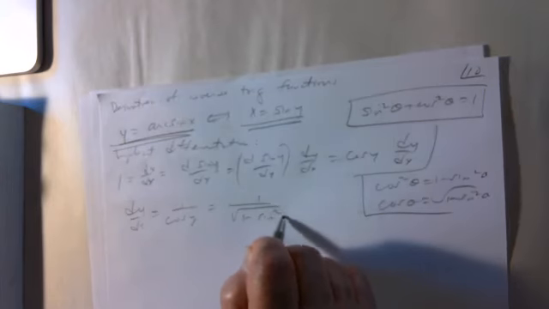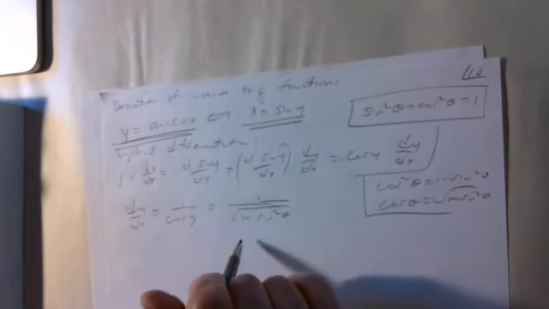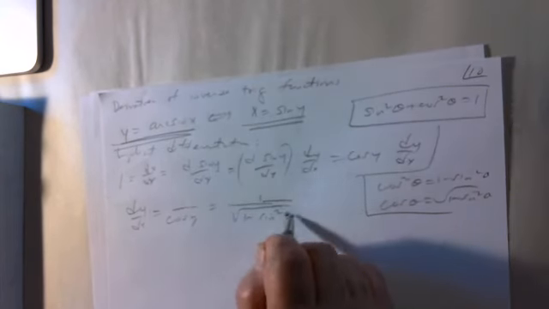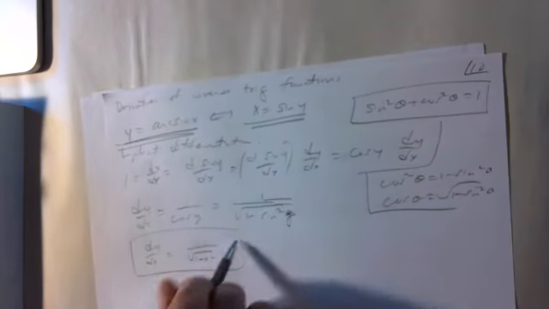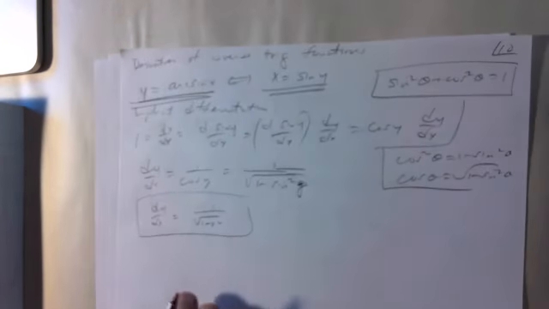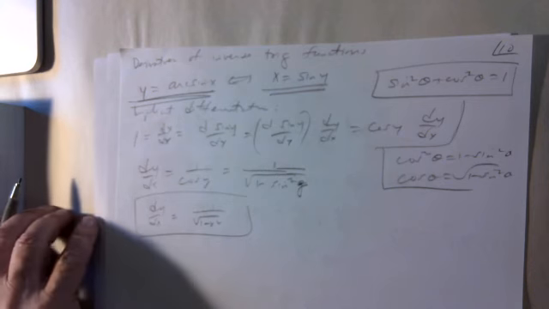So let's use that here. 1 over the cosine of y is 1 over the square root of 1 minus sine squared y, and sine of y is equal to x. So we have this formula for the derivative of the arcsine of x: 1 over the square root of 1 minus x squared.